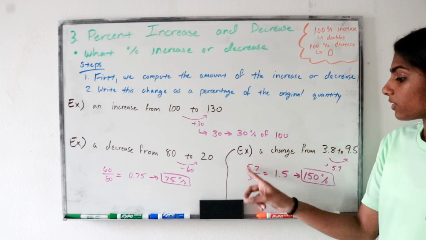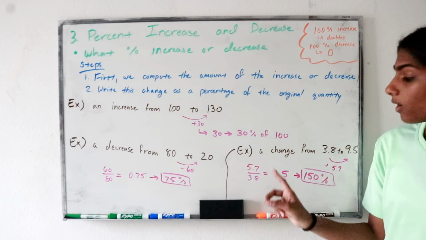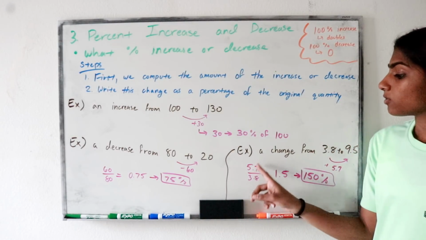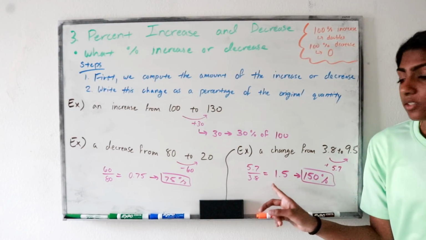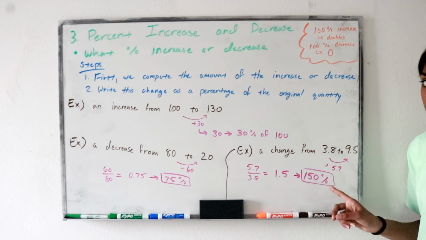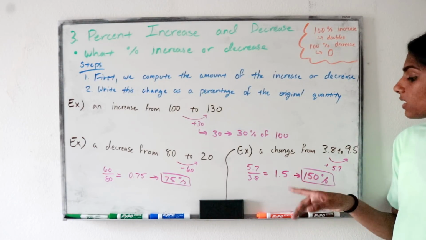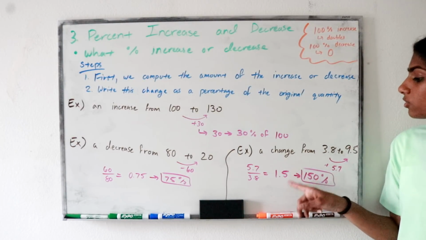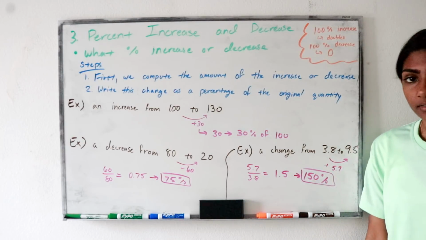So we put our difference, 5.7, over whatever our original quantity was. 3.8 is our original quantity, so we put 5.7 over 3.8, which equals 1.5. That means we're increasing 3.8 by 150%. And then you can do the math to check your answer. 1.5 plus 1 equals 2.5, and 2.5 times 3.8 gives 9.5. So our answer is correct.